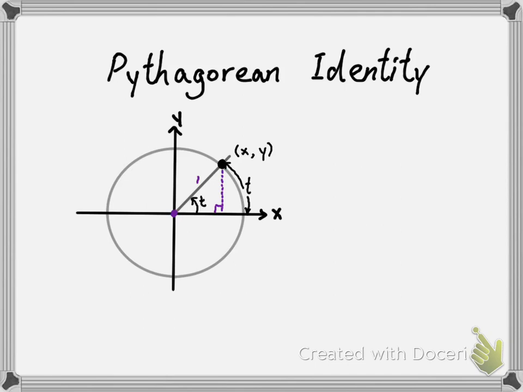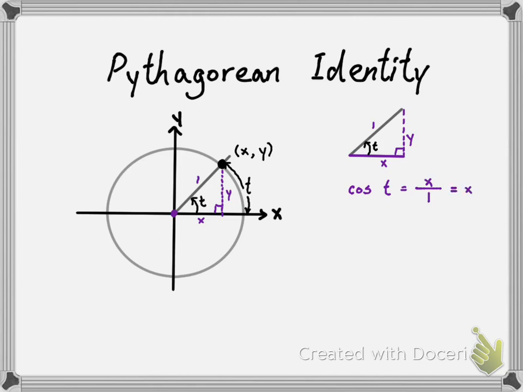The base of this triangle is x. The height of this triangle is y. So we have this triangle. Now, we know that cosine of the angle equals adjacent over hypotenuse.